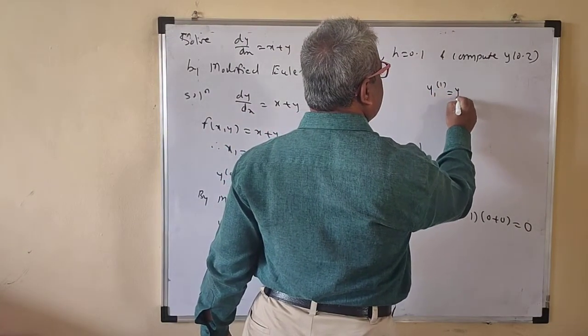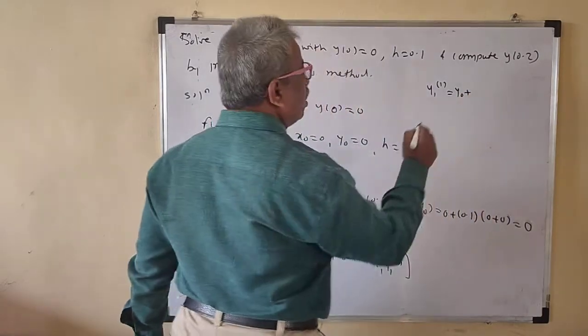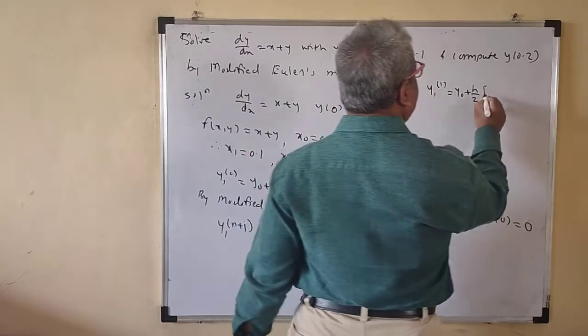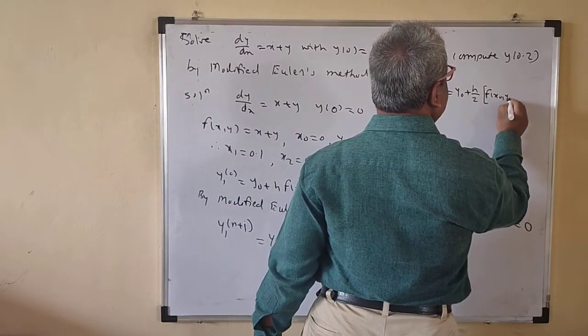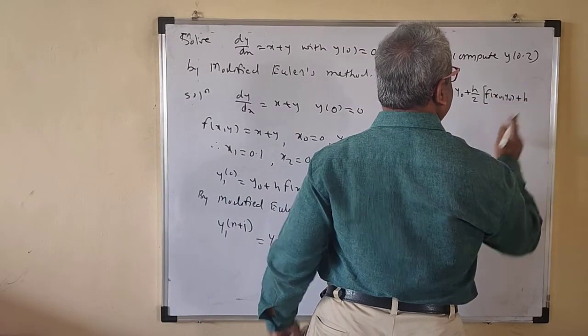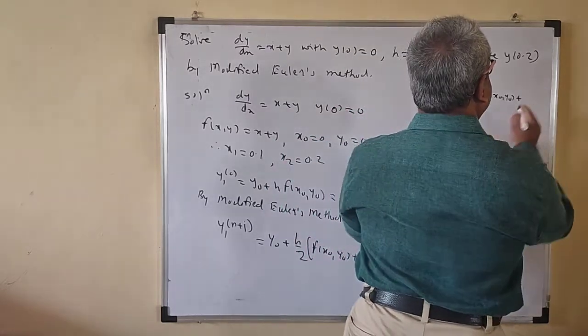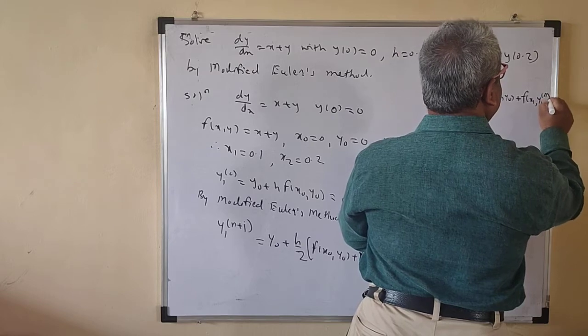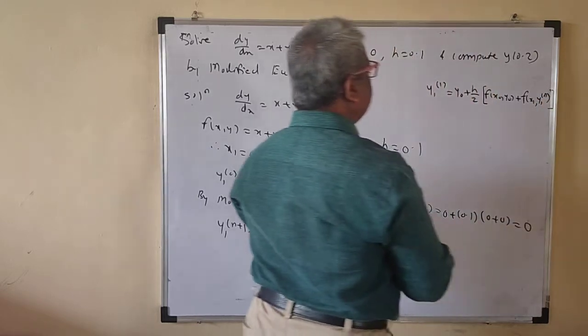y1 of 1 is equal to y naught plus h by 2 f of x naught y naught plus f of x1 y1 of 0. Okay.